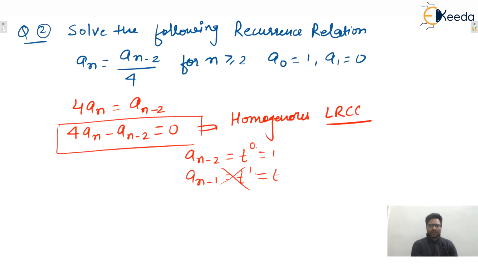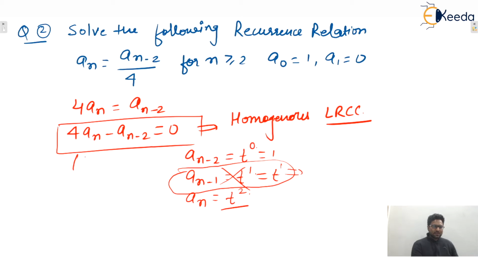The highest subscript is replaced by t square.